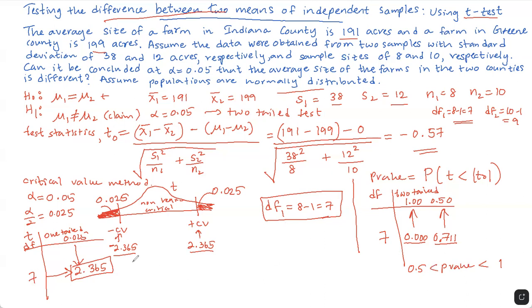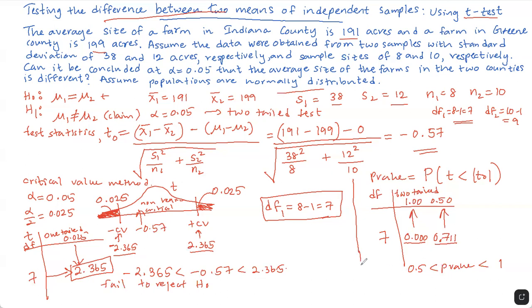So let's make the decision here. We compare the statistic value with these two critical values. As you can see, negative 0.57 is between these two numbers, so this number falls in the non-critical region. So we fail to reject H naught, the null hypothesis.